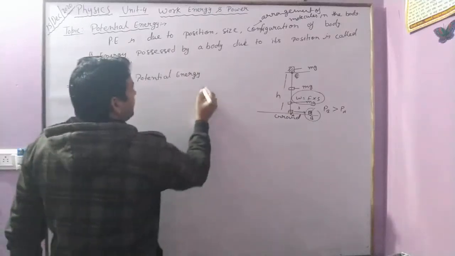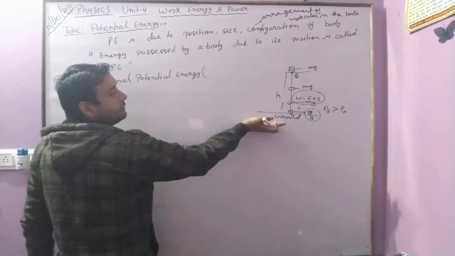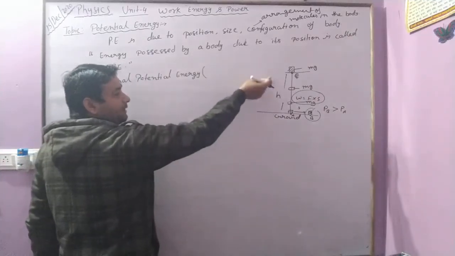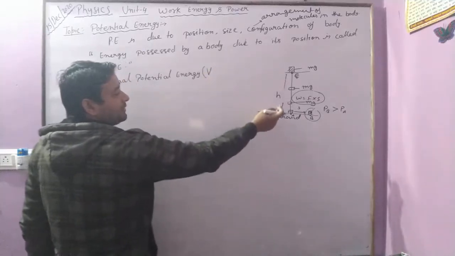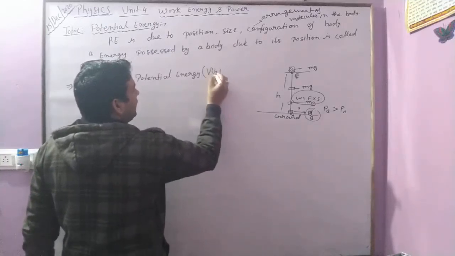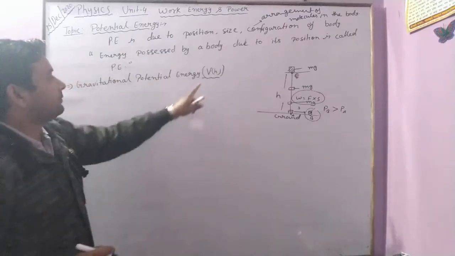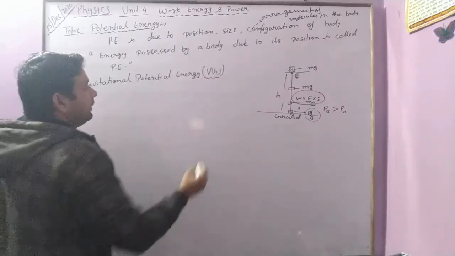Here gravitational potential energy is a function of h. If the potential is defined by h, then it is denoted by the letter V with a function of h.